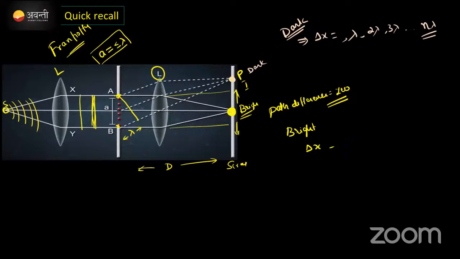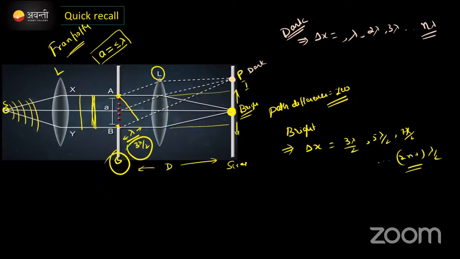Delta x will be 3 lambda by 2, then 5 lambda by 2, 7 lambda by 2, like that up to (2n plus 1) lambda by 2. This is the general condition for the bright fringe. Correct? Means if the path difference is lambda, it is a dark fringe; if it is 3 lambda by 2, it makes the bright fringe. Correct? Tell me, is it right or not?